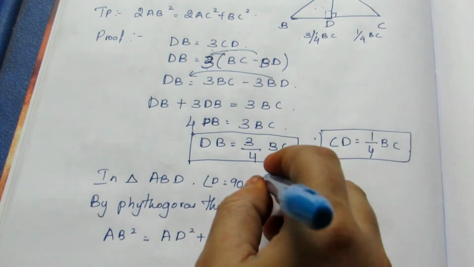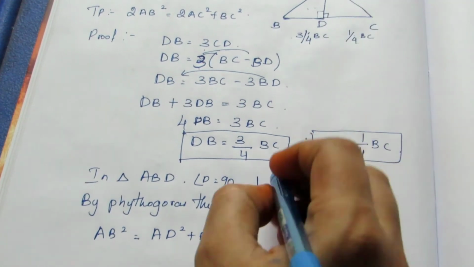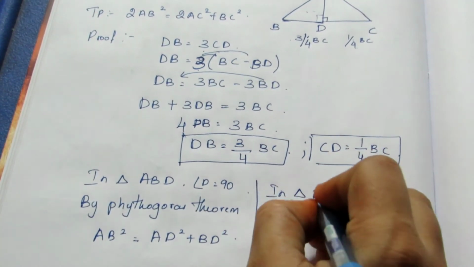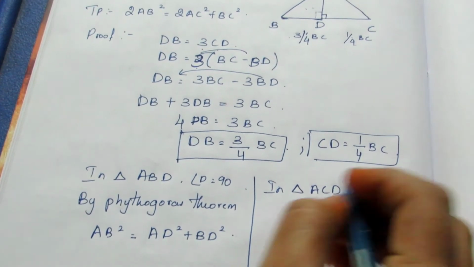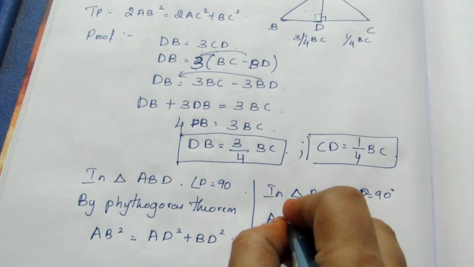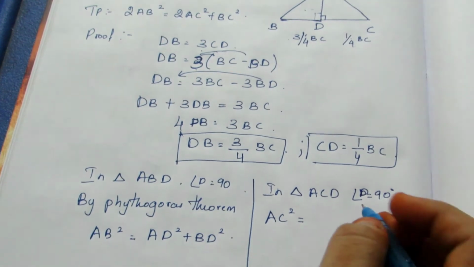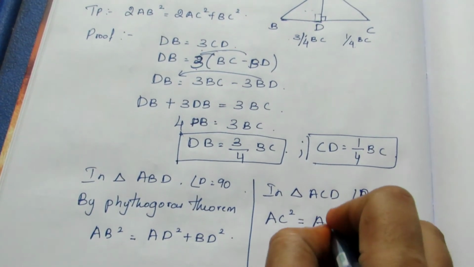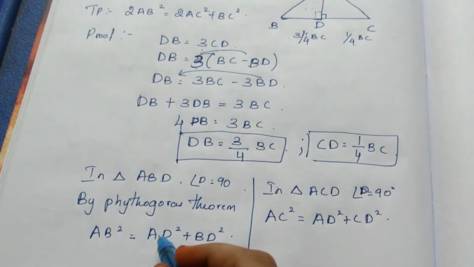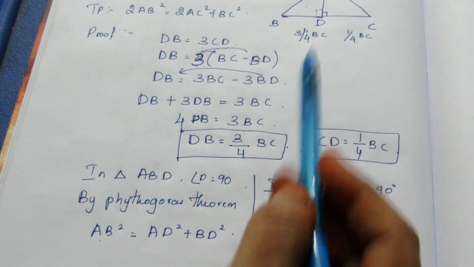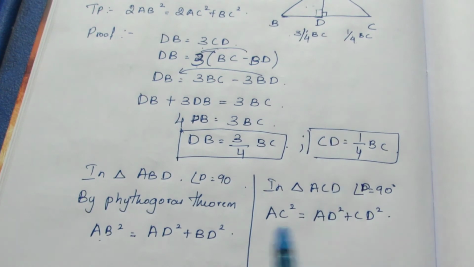Now let me do the other triangle. In triangle ACD, same way angle D equal to 90 degree. So by Pythagoras, AC square equal to AD square plus CD square. Now in both cases, we have AB square and AC square that we want.